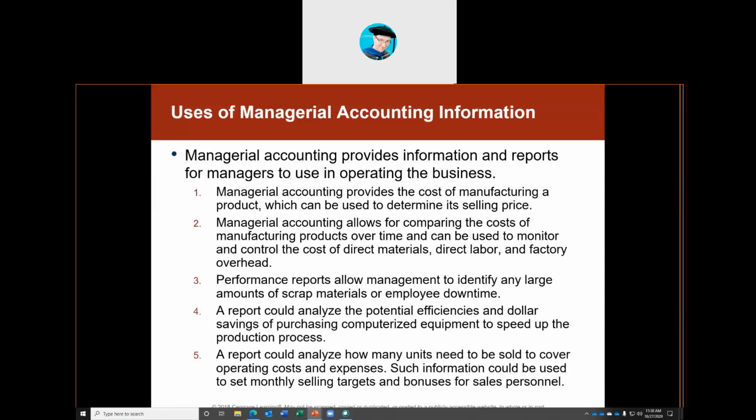Direct materials are the raw materials that I use to create a product. Those are my inputs. I input direct materials, raw materials.